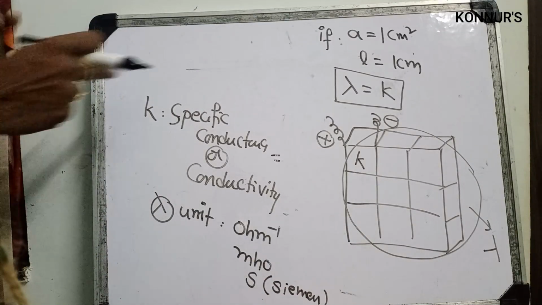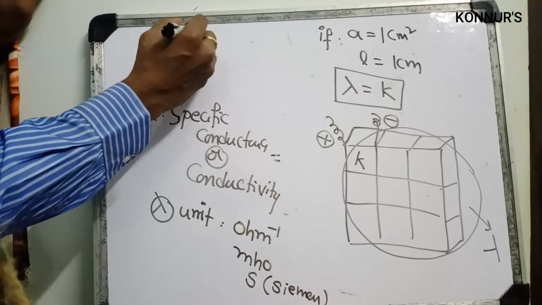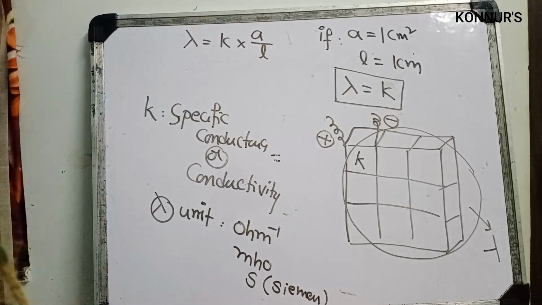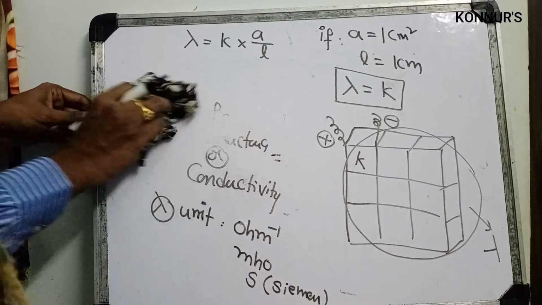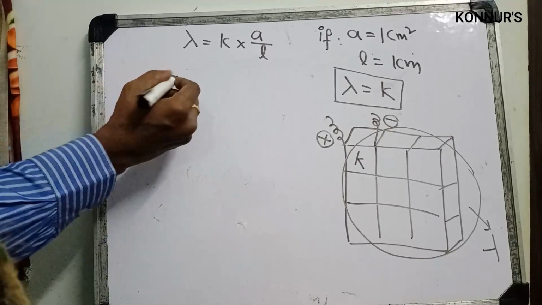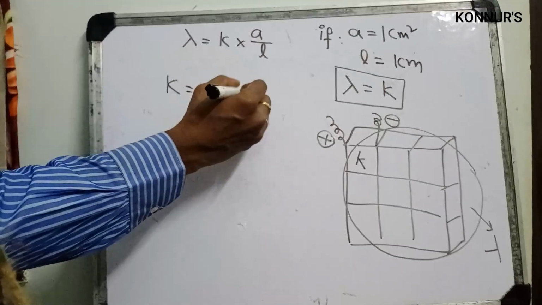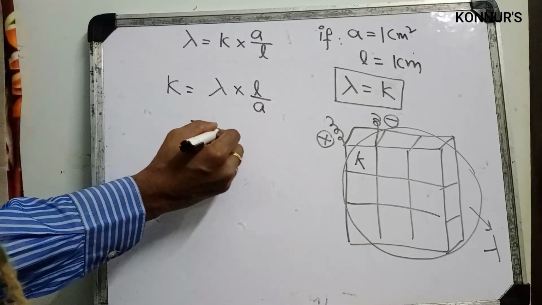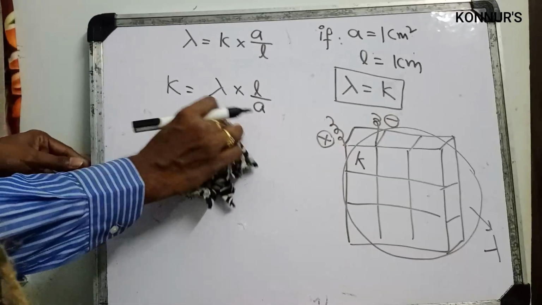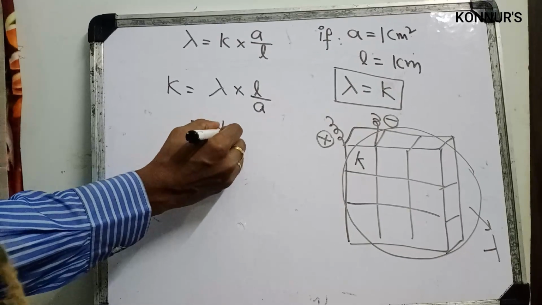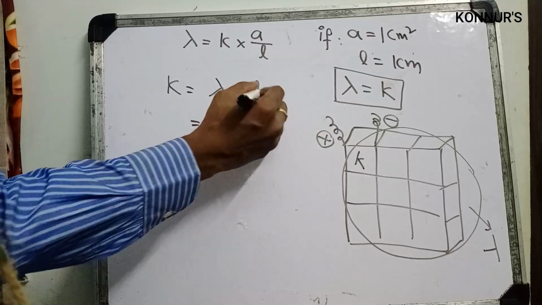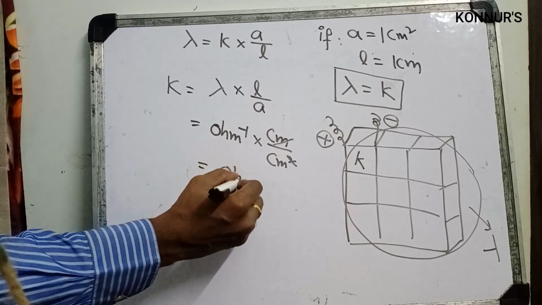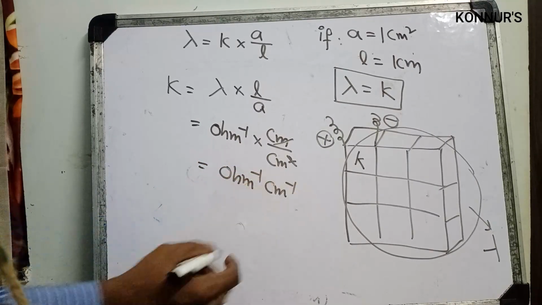Next, what is the unit of K value? We know lambda equals K into A by L, so K equals lambda into L by A. Here lambda is ohm inverse, so ohm inverse into centimeter by centimeter square, that gives ohm inverse centimeter inverse.